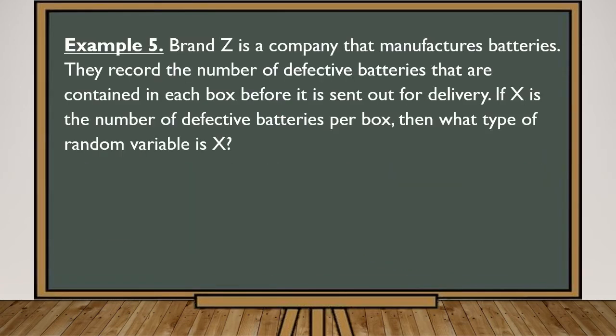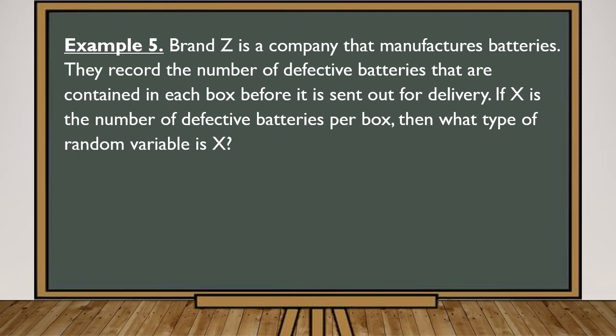So next, example number 5. Brand Z is a company that manufactures batteries. They record the number of defective batteries that are contained in each box before it is sent out for delivery. If X is the number of defective batteries per box, then what type of random variable is X?